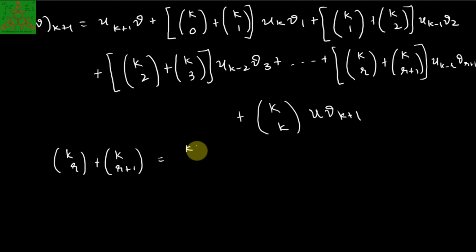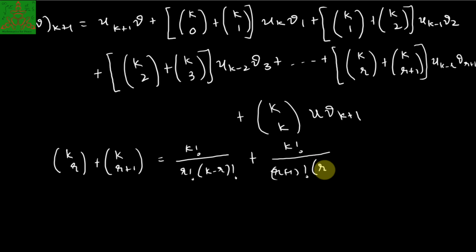This is k factorial upon r factorial into k minus r factorial, plus k factorial upon r plus 1 factorial into k minus r minus 1 factorial. You just observe that k factorial upon r factorial is common. Also the common thing is k minus r minus 1 factorial.